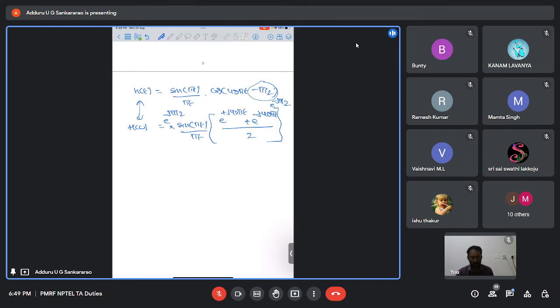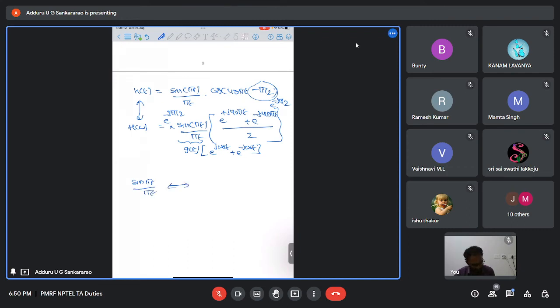Now we know how to find out the Fourier transform for this. Let us say if this one is g of t, then g of t is multiplied by something like e power j omega naught t plus e power minus j omega naught t, right? So frequency shift will be there. This kind of thing we have already seen. Now sine pi t by pi t, what is the Fourier transform for this?